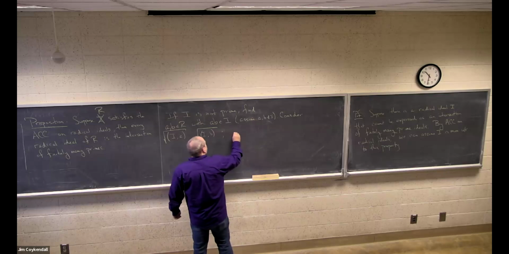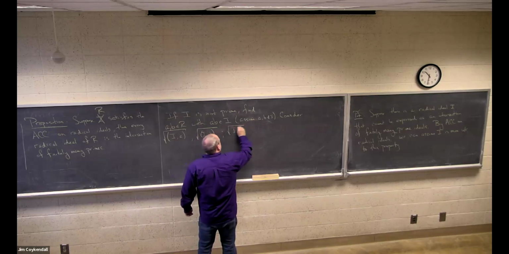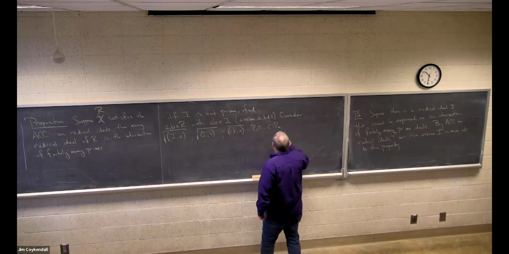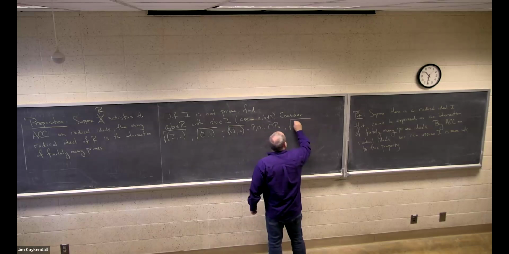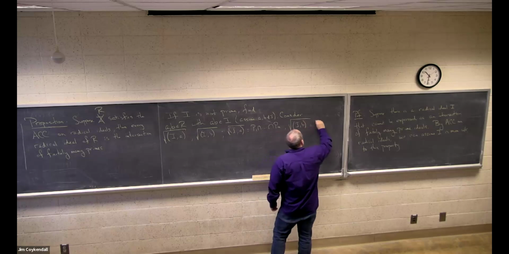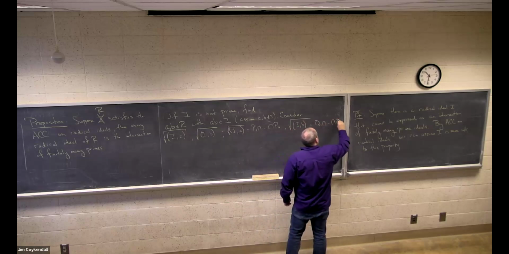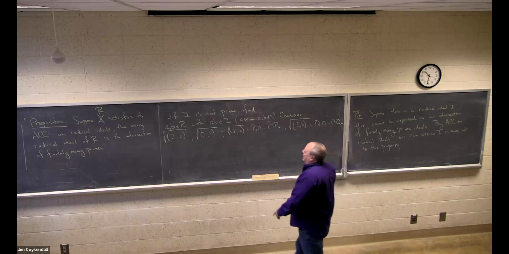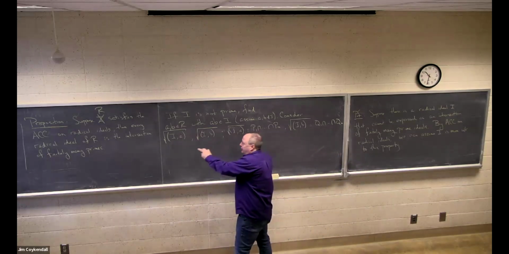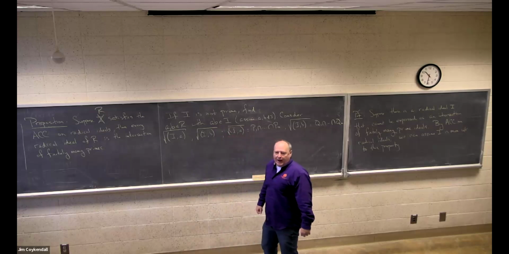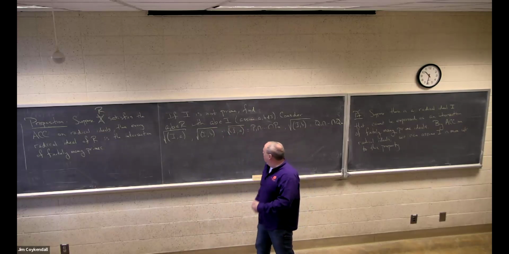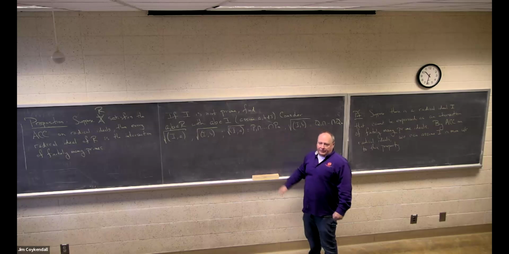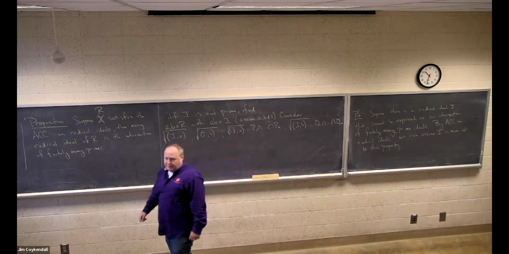Notice that, why is this? Because these ideals are properly bigger than I, so the radical is larger. So by the maximality of I, you can realize both of these as a finite intersection of primes.